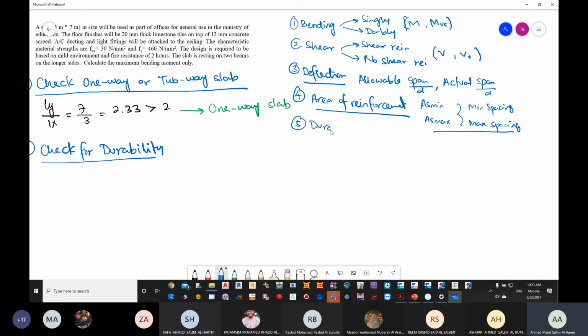Now, what do we mean by durability? If you remember, we have talked about durability in the first lecture. We said for us to provide a good durability, we need to supply cover, if you remember. Do you remember when I have discussed the cover?